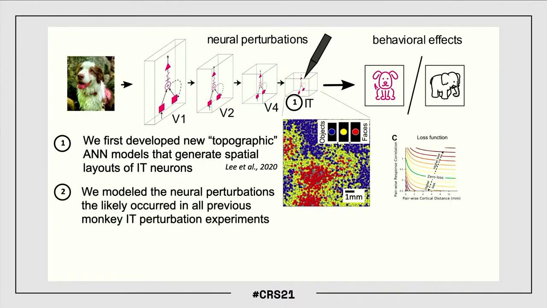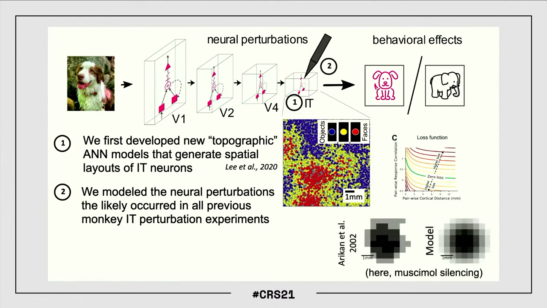And when I say we, what we did was to now start to model neural perturbations that had previously been used in experiments in IT cortex. Here, Martin and Paul started to take what was known from examples of, say, if you put muscimol into IT, these are the kinds of silencing patterns you get.